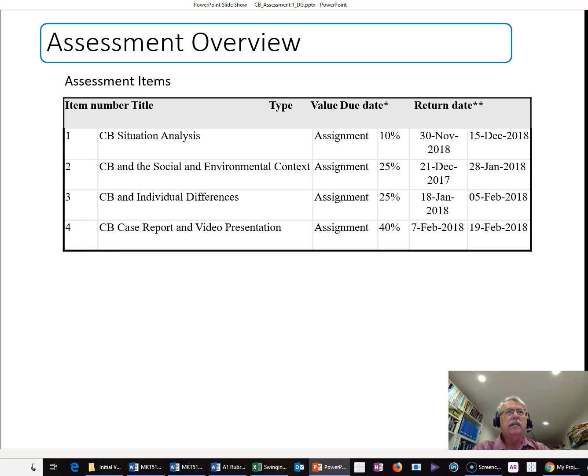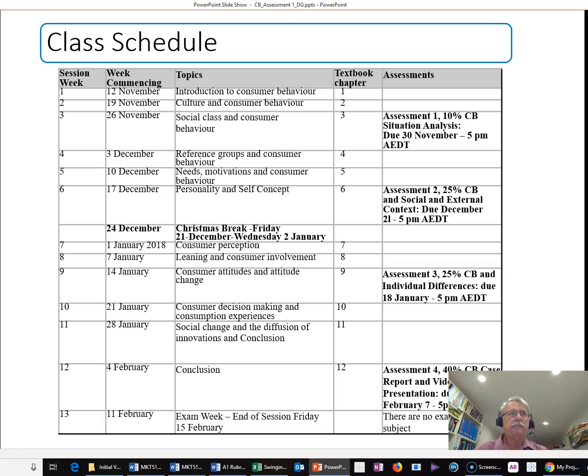As you can see with this assessment, there are four major assessments in this course. The first one is the situation analysis. That's worth 10%. Assessment 2 looks at the social context around customer behaviour, worth 25%. The third assessment looks at the individual differences around customer behaviour, with 25%, and putting together the final case report and video presentation is worth 40%.